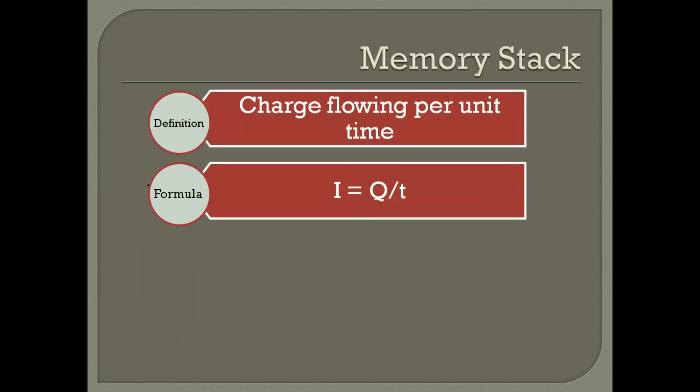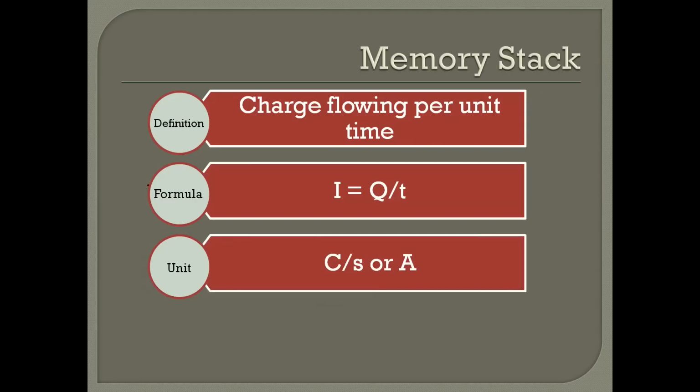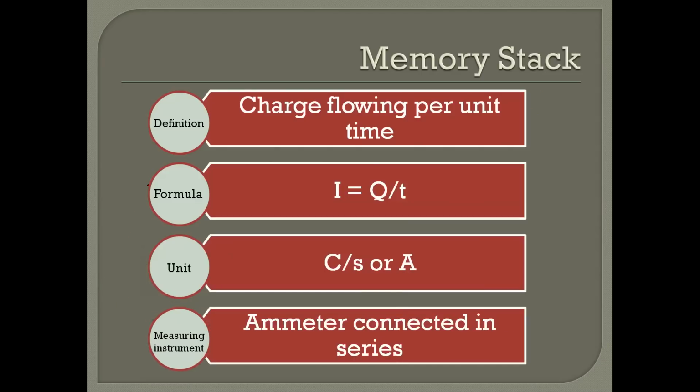And once the formula is done, you should know in which unit you have to measure this. It is Q by T. Q means coulomb, time means second. We can use either coulomb per second or ampere. And the measuring instrument is ammeter, which is connected in series. So what is series?